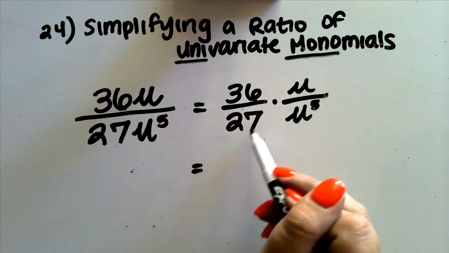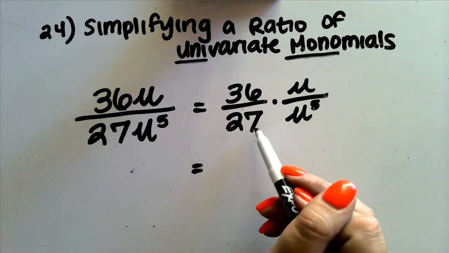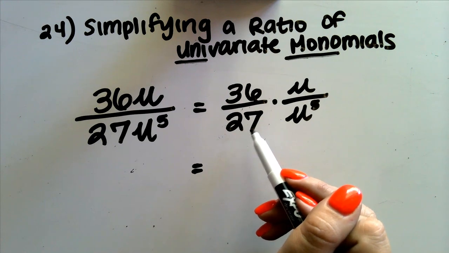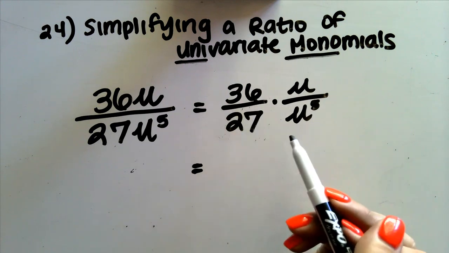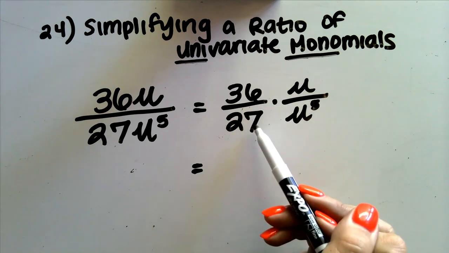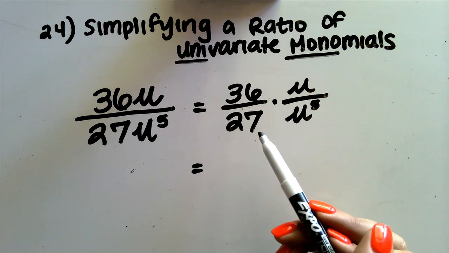So let's talk first about our coefficient of 36 over 27. To reduce this down, I need to find the number that both our numerator and denominator are divisible by. I know that 36 is divisible by 9 and 27 is divisible by 9.